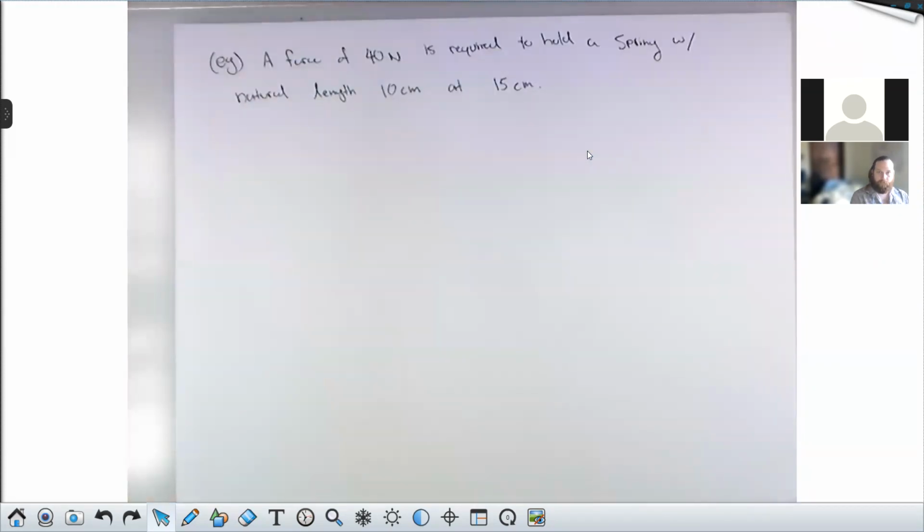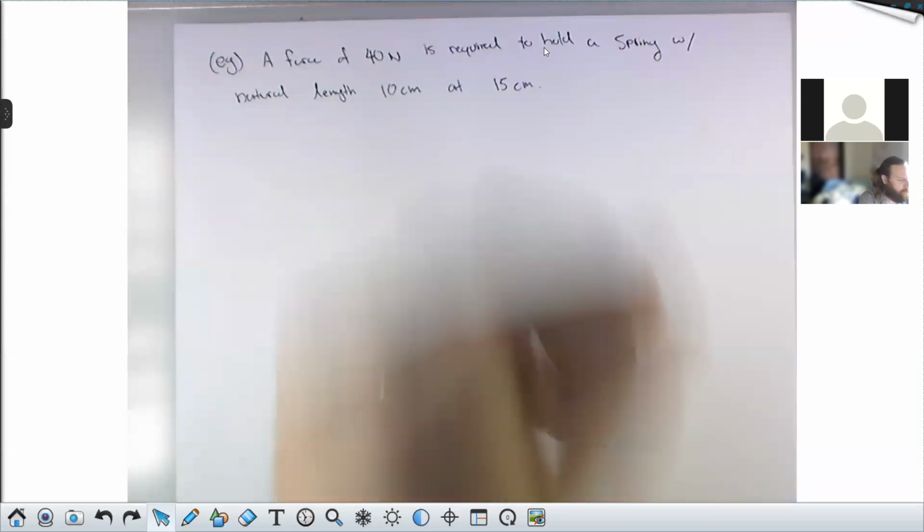So this is a measure of the spring constant. This is a measure of how stiff the spring is. They're saying if you stretch this spring out 5 centimeters beyond its natural length, from 10 to 15, in order to hold that spring there, you need to hold it with 40 newtons of force, or the spring wants to go back with 40 newtons of force. So this is a measure of how stiff the spring is.